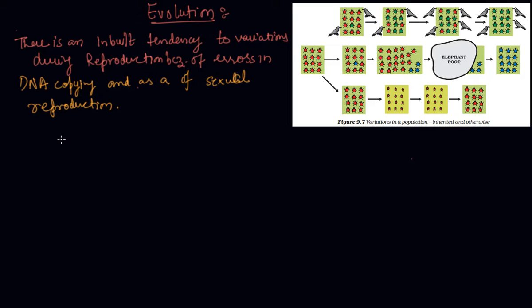Okay, students. So we are now discussing an illustration that is shown in the picture here. Consider a group of 12 red beetles. They live, let us assume, in some bushes with green leaves.